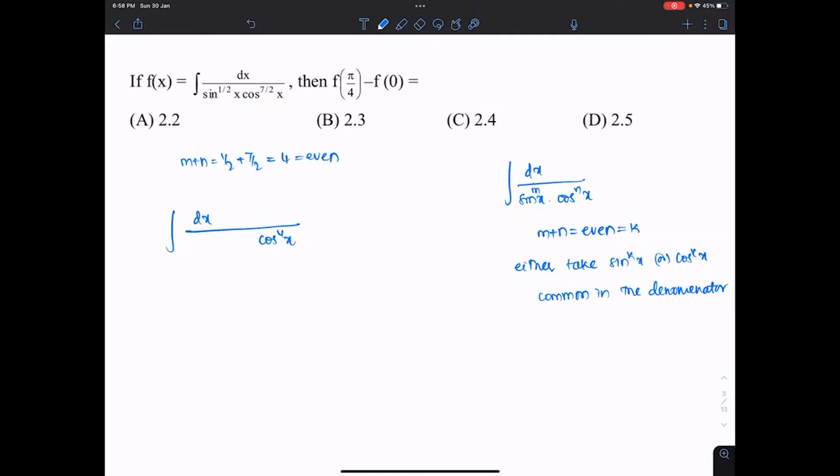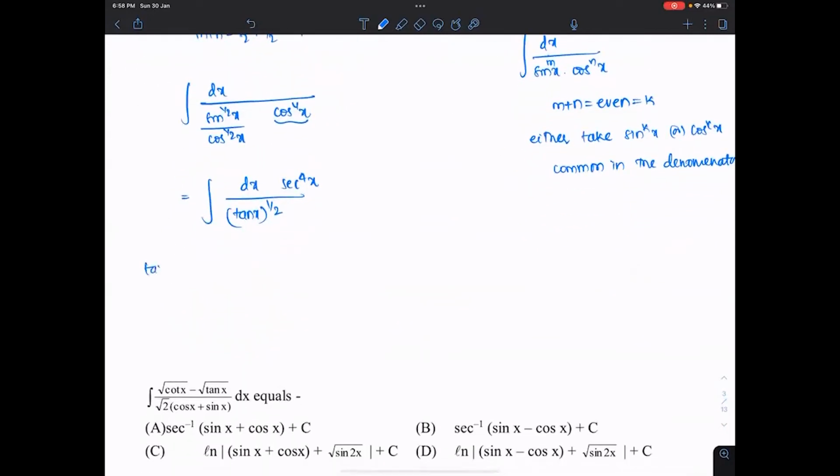Remaining will be, so you will get sine power 1 by 2x is there. Now remaining cos power 1 by 2x I will write here. Now this minus this, it will be 7 by 2 only. It is balanced. So now this will be nothing but integral dx by, now this you see, tan x power 1 by 2 will come. And 1 by cos power 4x, you can write it as secant power 4x.